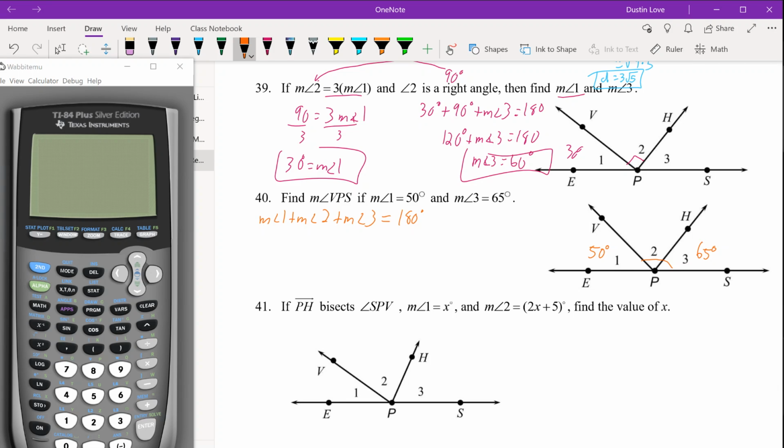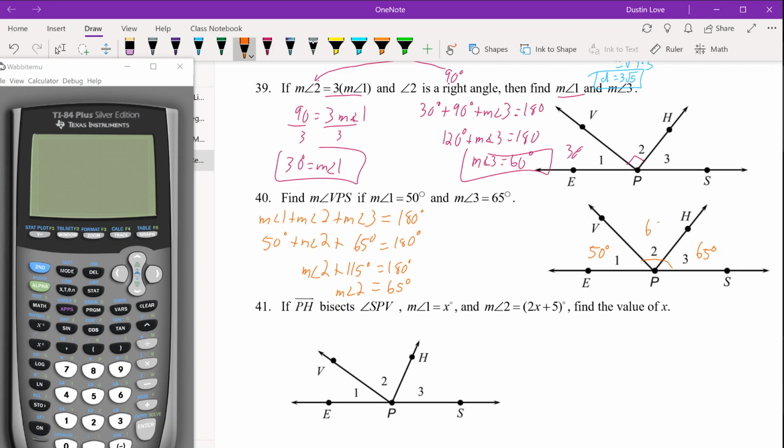Now let's substitute in. Angle 1 is 50 degrees plus the measure of angle 2 plus angle 3 is 65 degrees, all equals 180. So the measure of angle 2 plus, combining 50 and 65, is 115 degrees equals 180 degrees. Subtracting 115 off of both sides tells me that the measure of angle 2 is equal to 65 degrees.